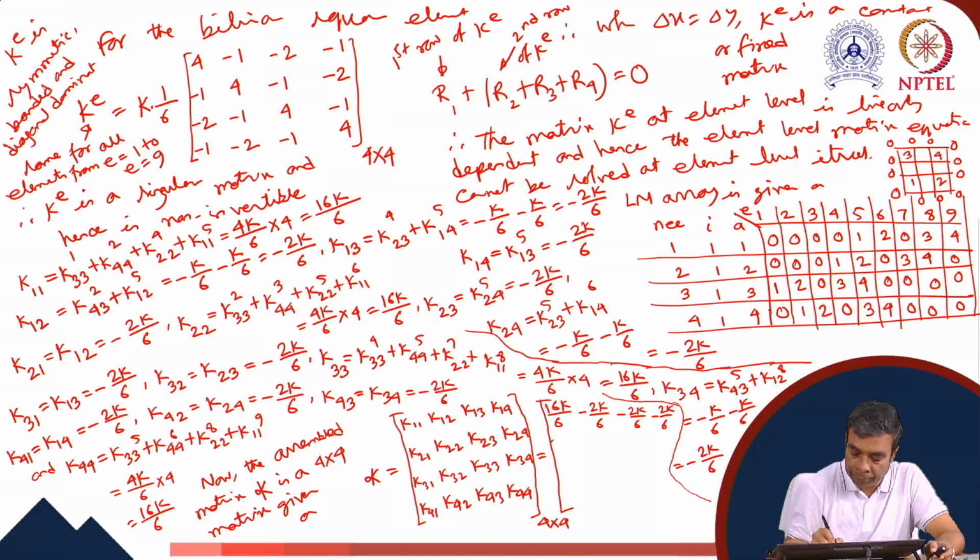Next row is minus 2K by 6, 16K by 6, minus 2K by 6, minus 2K by 6.